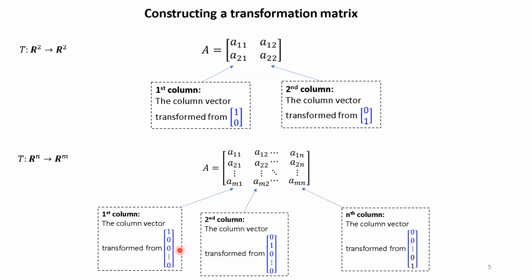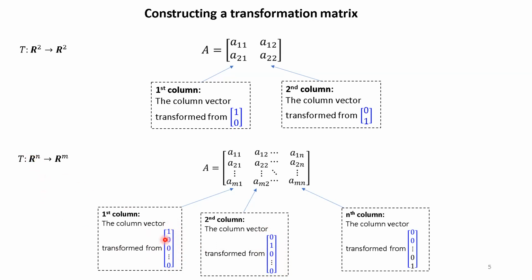The basis vector in this n-dimensional space, of course, is this one with this many zeros, so the total number of entries is n. Then you also need to consider (0, 1) and then many zeros, again with a total of n entries in this column vector. So you have n of these basis vectors because you are talking about a vector in the n-dimensional space.